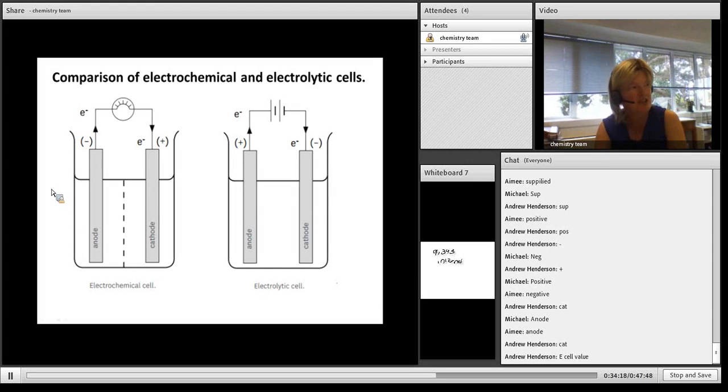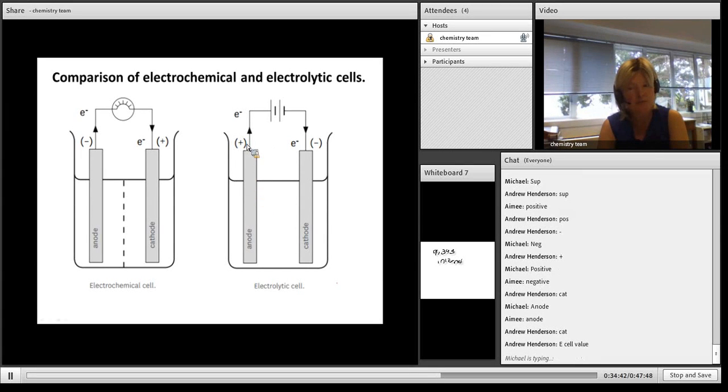So how do I know which one's the anode in this case, if I just was given this and couldn't see the products? I could look at my E cell value, and if I know, say, one electrode was zinc and the other one was carbon, and so on. But otherwise, if you look at the battery of an electrolytic cell, how would I know which one is the anode?